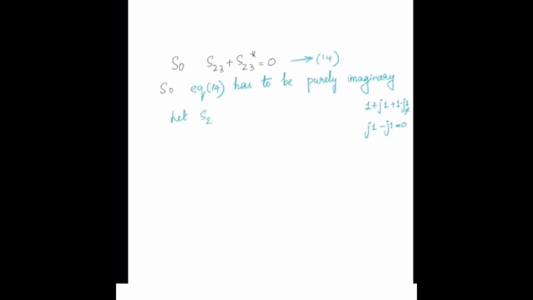So this can be written as S23 is equal to jQ, equal to S14.